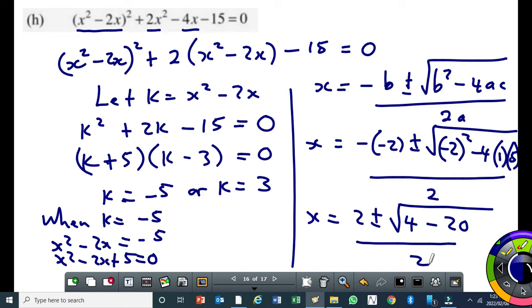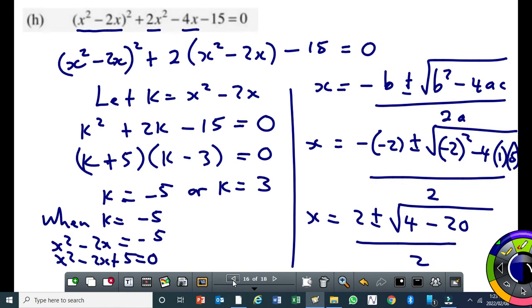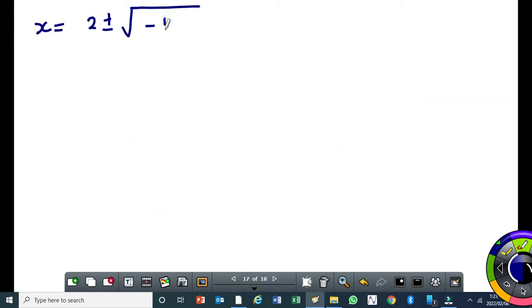So let's simplify that. Now we'll come up with a very interesting result. From there we'll get x equal to 2 plus or minus the square root of minus 16, all over 2.